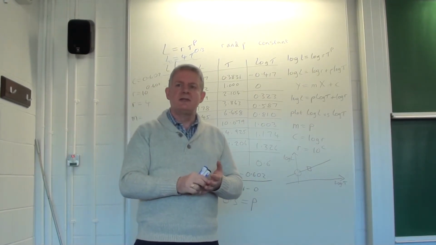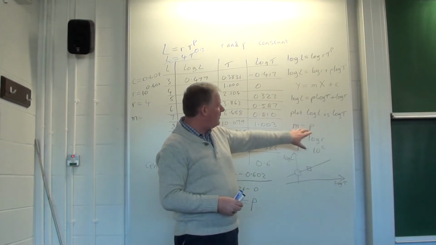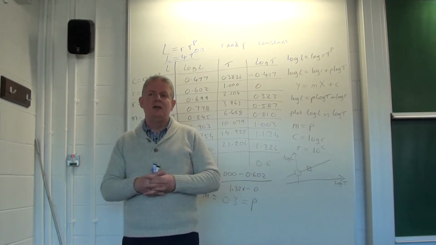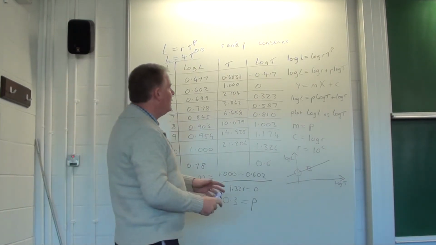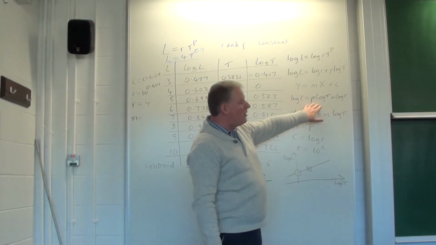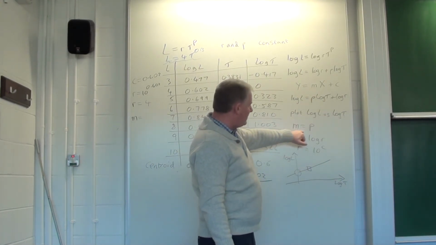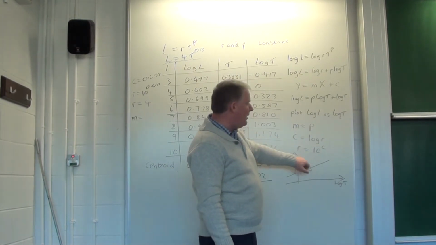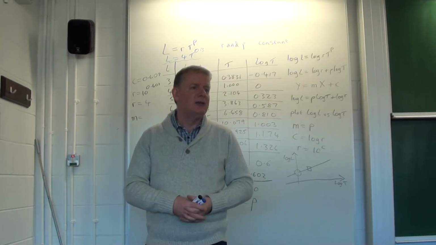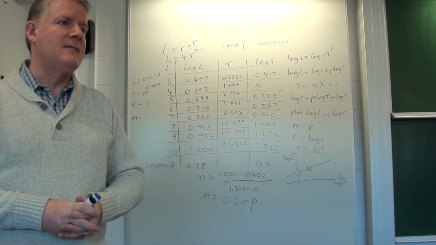The rest of the 7 marks comes from extraction of the gradient and the y-intercept and matching it to the statement of the logarithms, so we can get the value of gradient, the value of intercept, the value of R, the value of P ultimately. So that's where those 11 marks would come from.